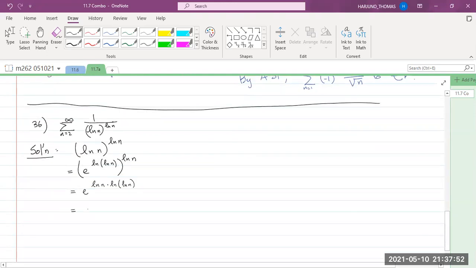This is e to the natural log of n to the power of natural log of n. This is n to the natural log of n.